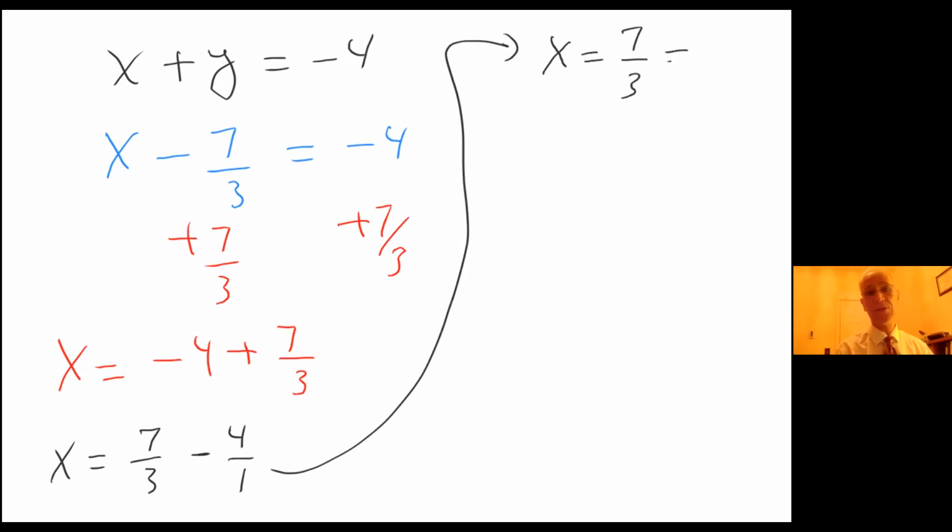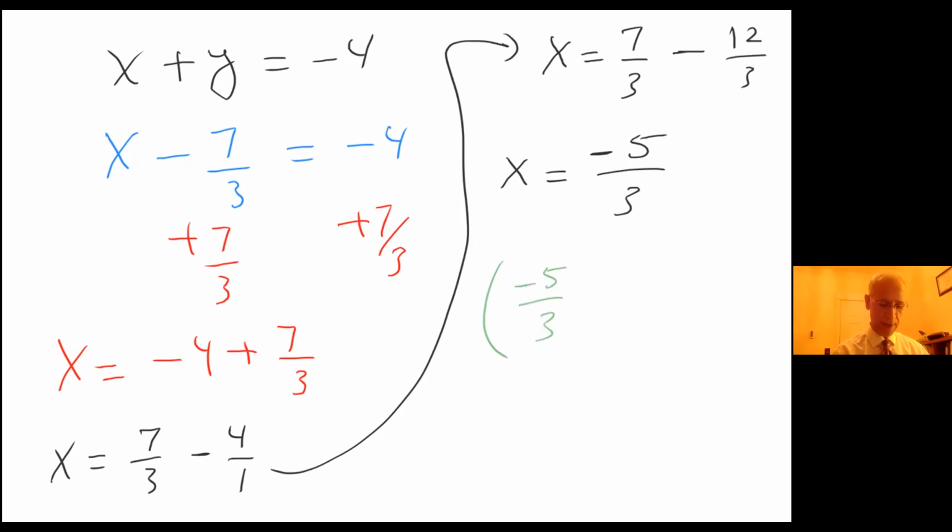My LCD, least common denominator, is 3. So 7/3 minus 12/3, which is -5/3. So x equals -5/3. So the final answer for this question using addition method or elimination method is -5/3 for x.